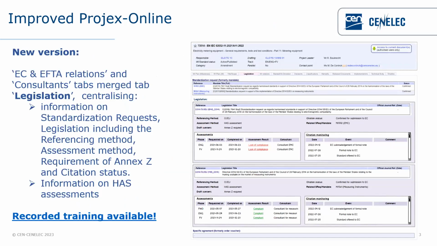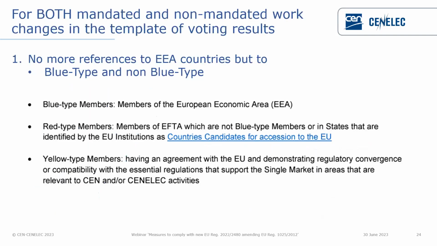There is also a recording available, and of course you can contact CCMC, or your CCMC project manager, if there is something you do not understand. It is very important that the information on Project Online, which means in our database, is correct and that a specific work item is identified correctly as mandated or non-mandated.